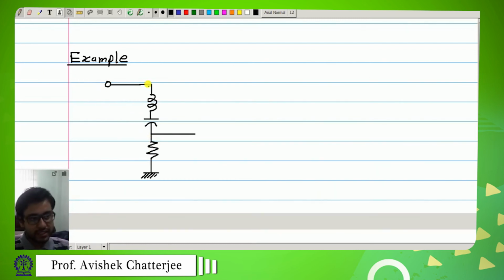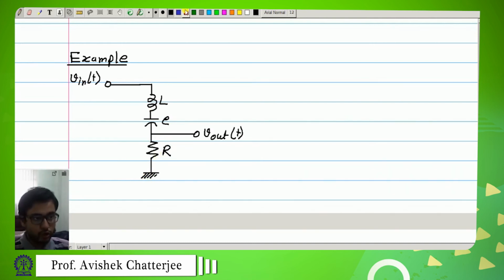Okay, so this is a series LCR circuit. Here the input voltage V in(t) is applied, and from here we get the output voltage V out(t). Our task is to find the transfer function and plot the frequency response.